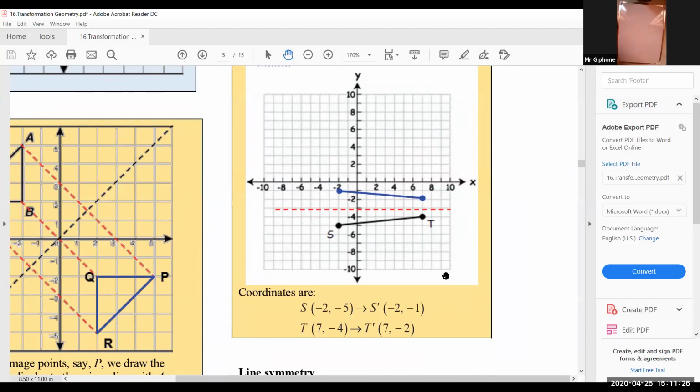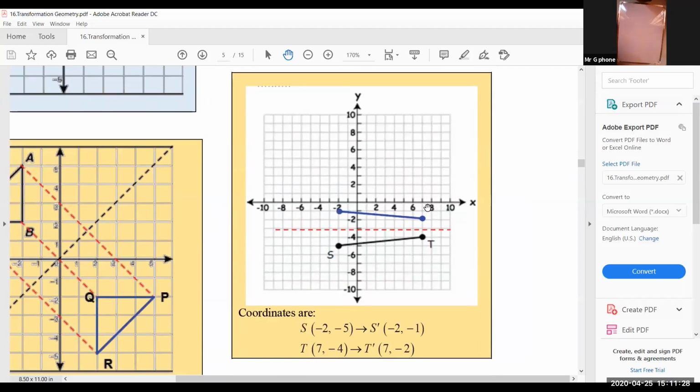And they ask you to state the coordinates. Obviously, you know the x coordinate goes first. So the x coordinate here is 7 and -2. That's for T. And for S, x is -2 and y is -1. So that's how I got these coordinates here. Anybody confused or anything so far?